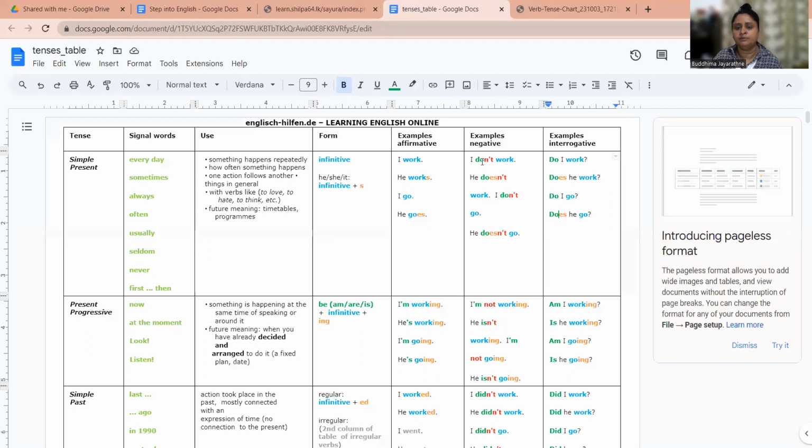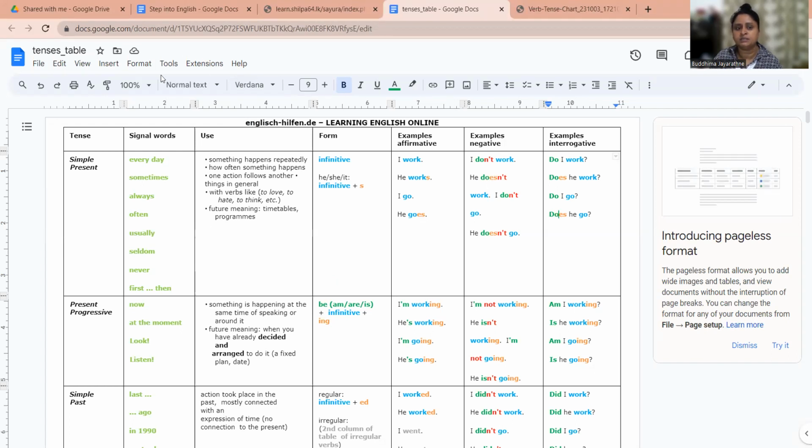When you shorten the verb do not, it becomes don't. I don't work. So when it comes to third person singular he, you can't say he don't. Instead, you add es to this do and make does.